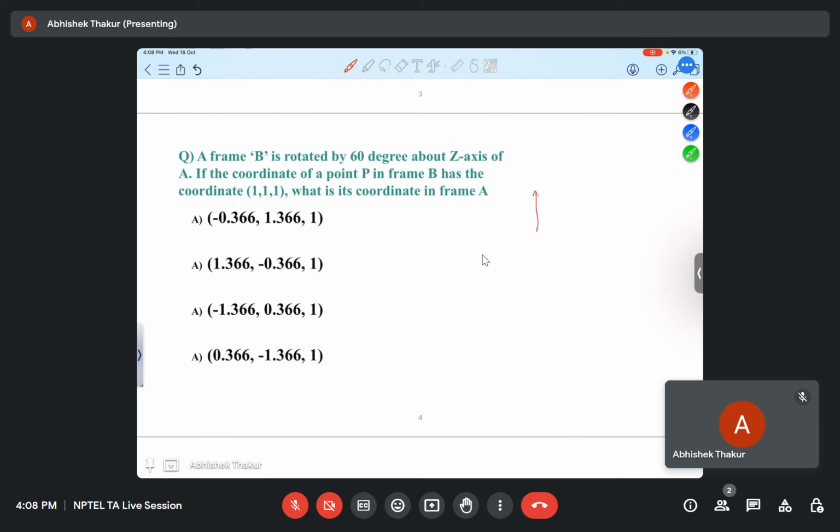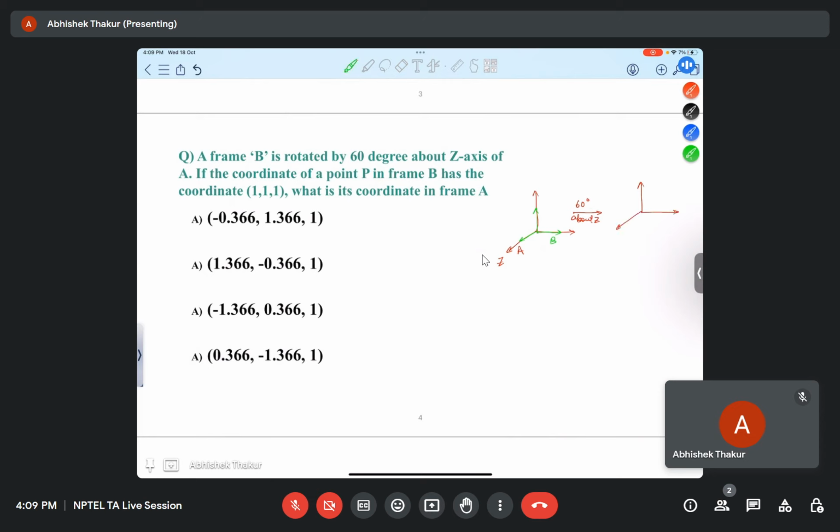Let's suppose this is our frame A. Now the other frame is B, like this. If this is the Z axis of frame A, then B is rotated 60 degrees about Z. After rotation, frame A is the first frame, so it will be the same.